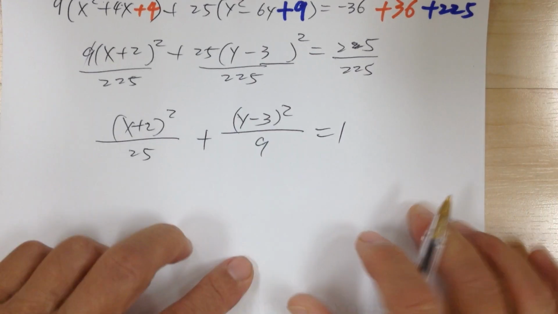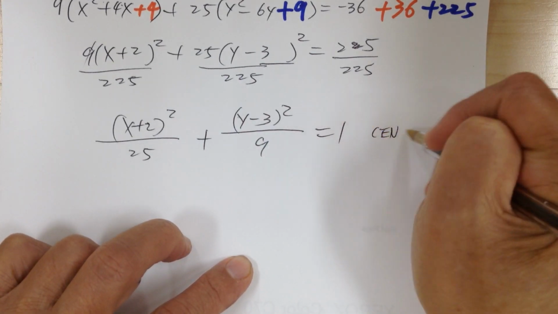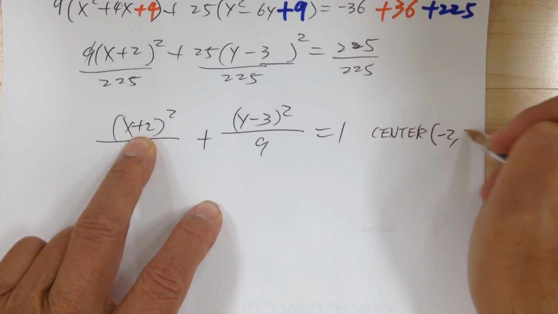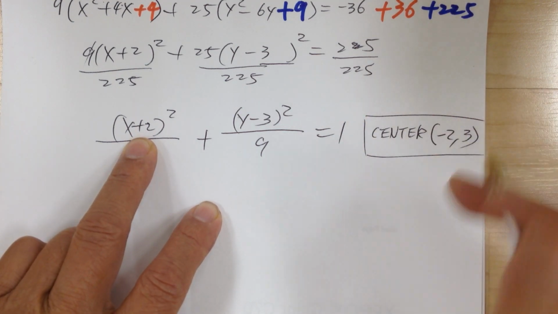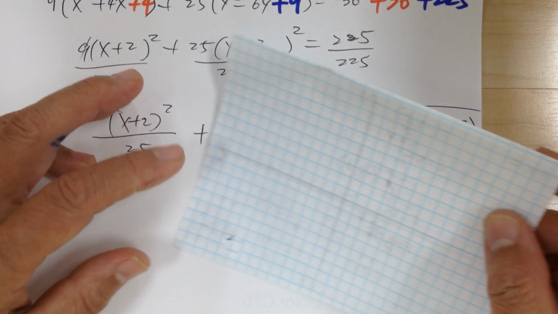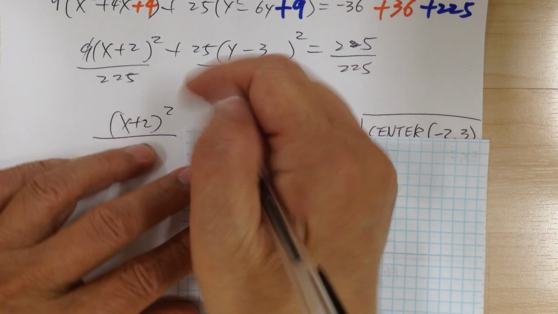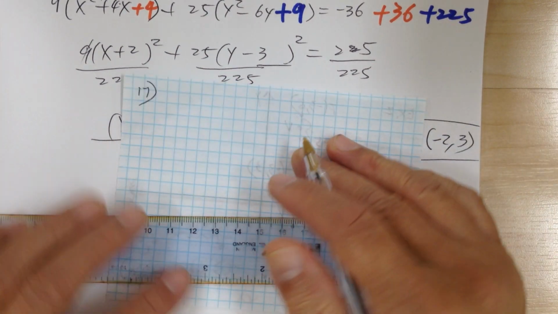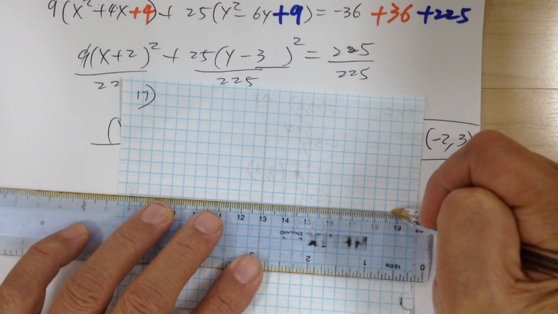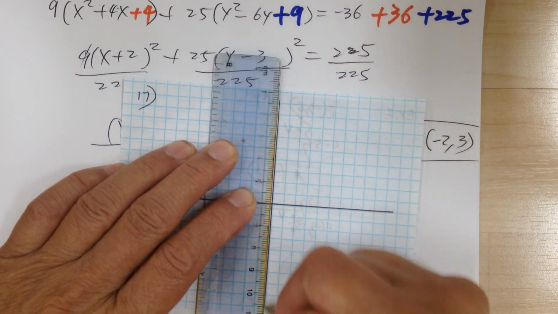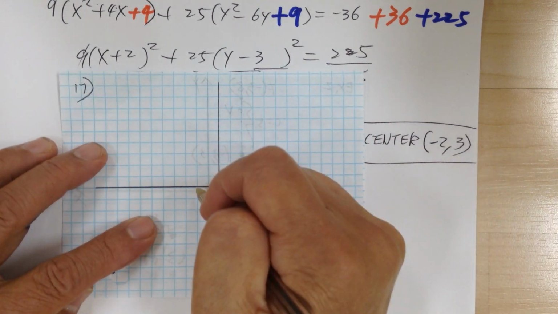So from here we can see the center is going to be at negative 2, 3. That's another answer we got. So now we have to graph it out. The center is at negative 2, 3.